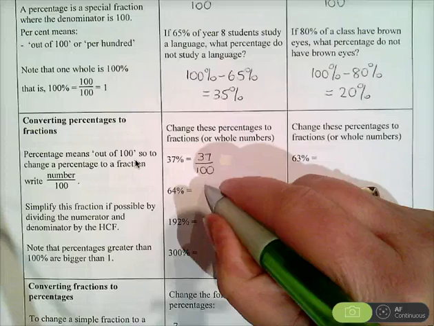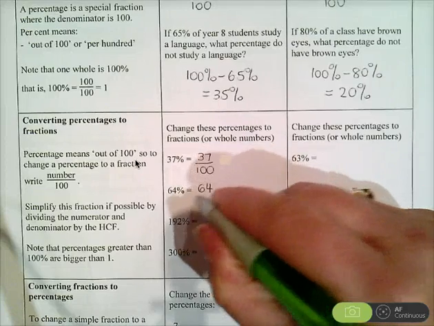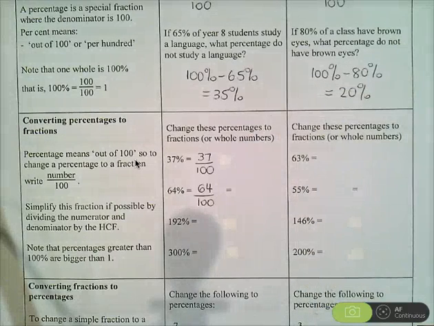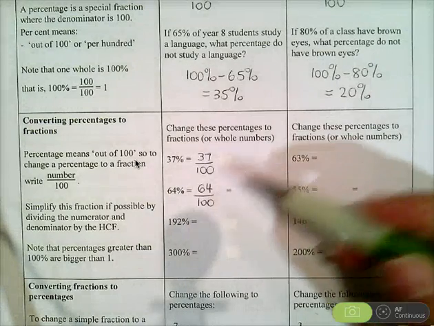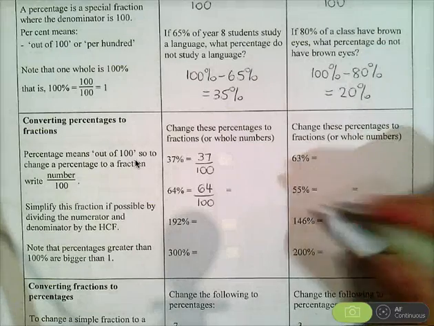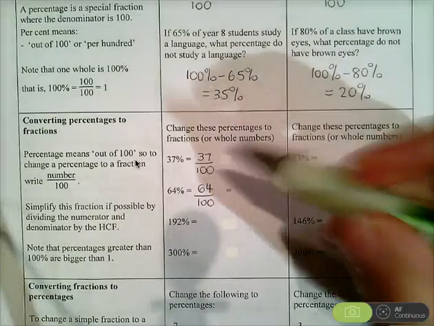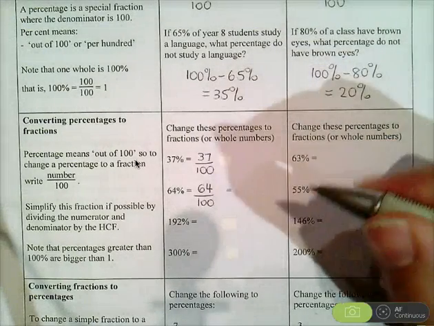Now looking at the second one, 64% is 64 out of 100. Now if you look at 64 and 100, we can simplify that fraction. So we've written that percentage as a fraction, but it can be simplified. Now you might find it difficult to work out which number you can divide both of those numbers by.